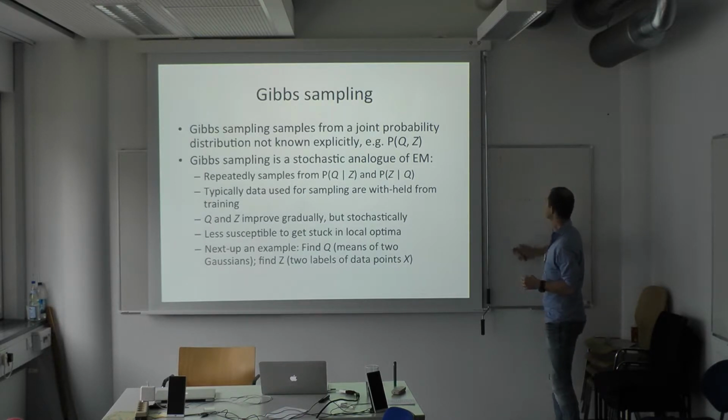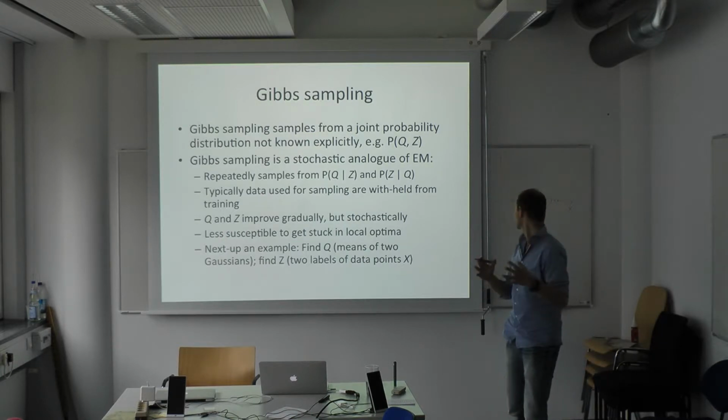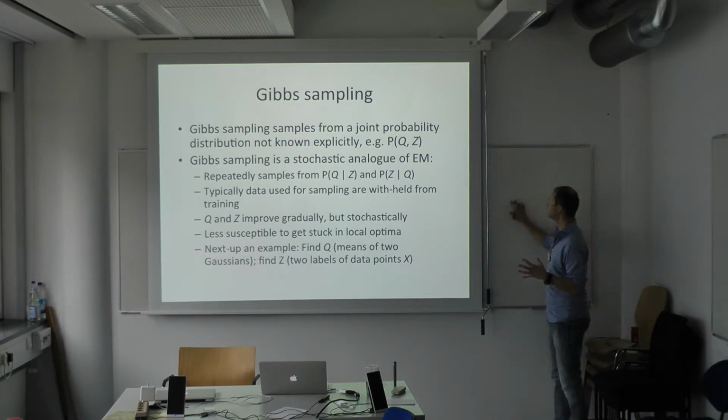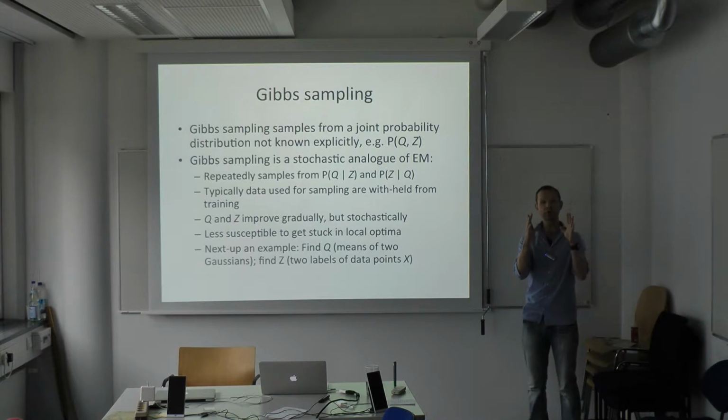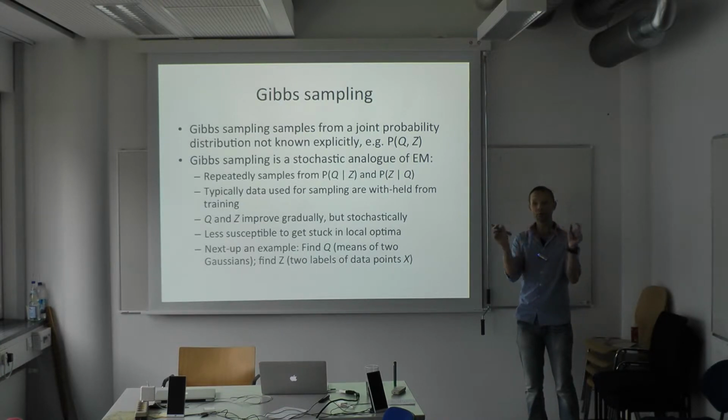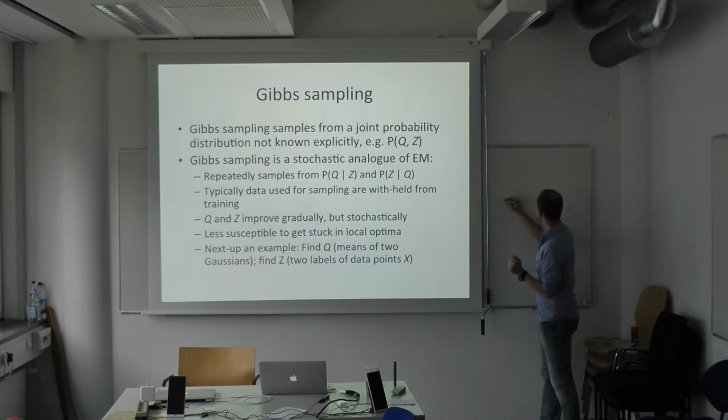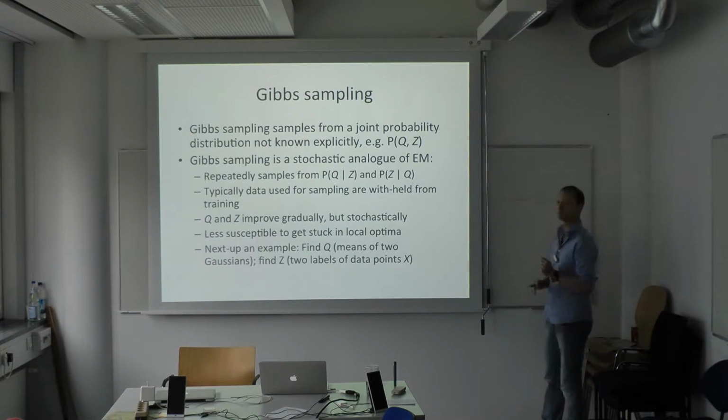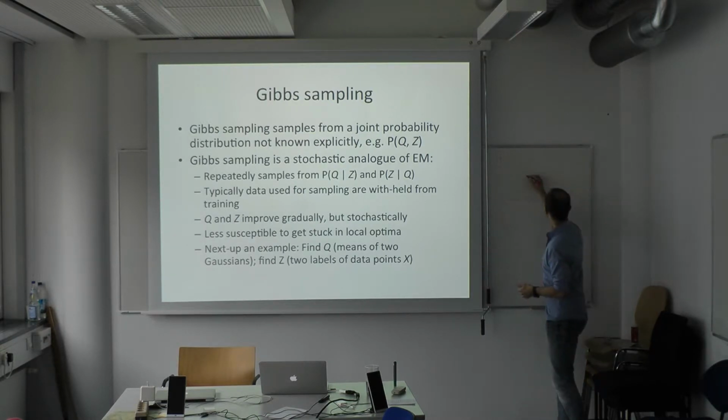Each of these would be labeled, so they would belong to two different classes. And I'm going to represent those two classes with a Gaussian each. So I can draw a Gaussian, might look like that, and another one might look like that. Now I might refer to this one as A and this one as B.